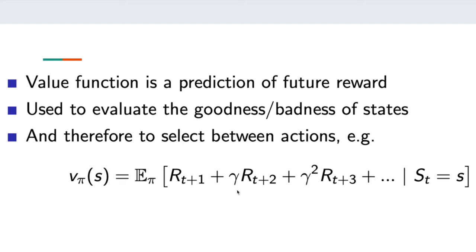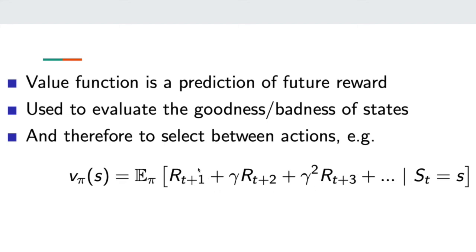And this discount factor here is basically going to be a number between 0 and 1. What this does is it essentially prioritizes rewards that are sooner rather than later, right? You can imagine that if this is 0.99, then this would be 0.99 times R_{t+2}, and this would be 0.99 squared, which would be less than 0.99, times R_{t+3}, and so on. And it keeps decaying.